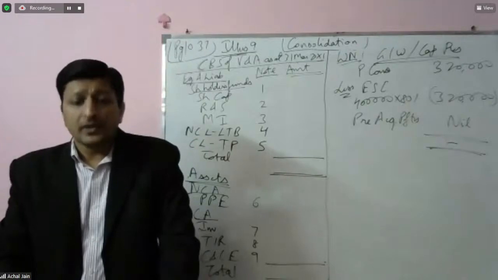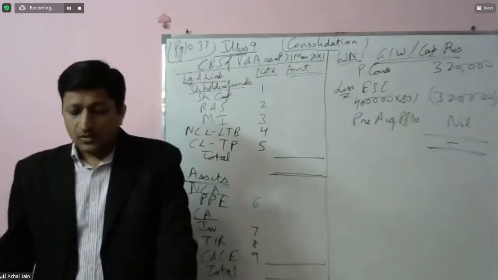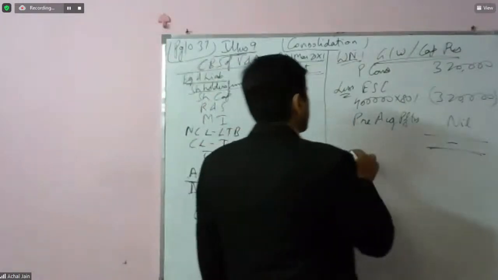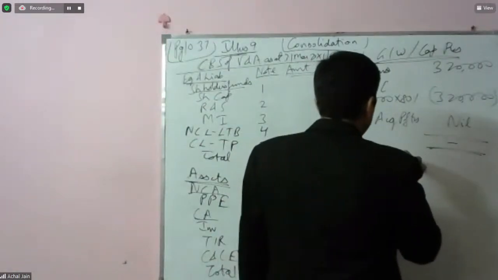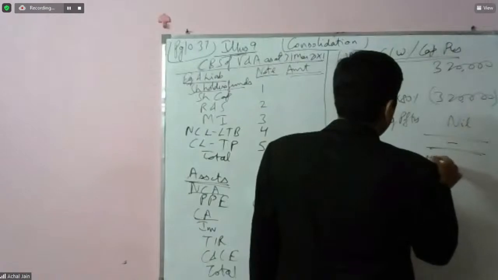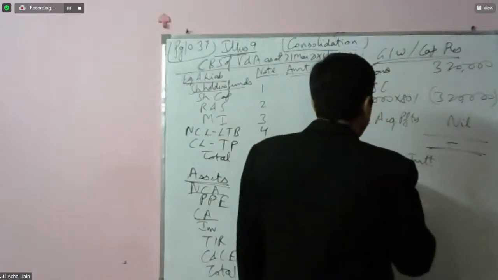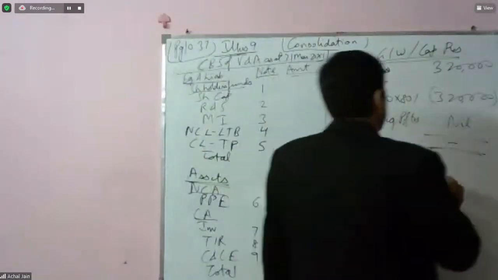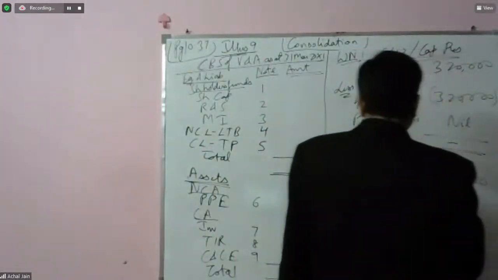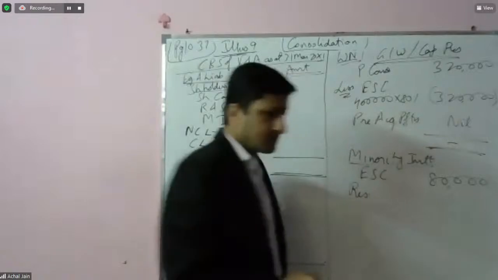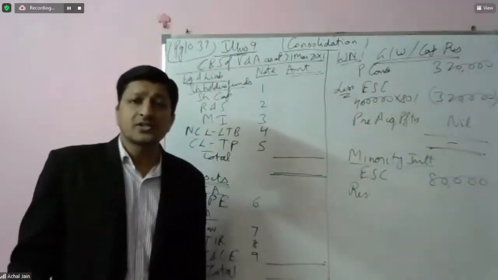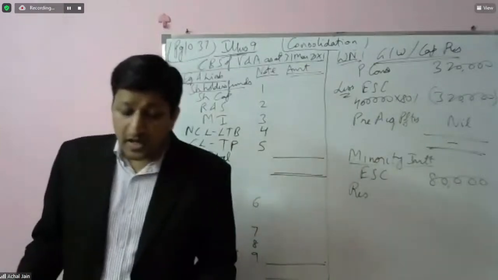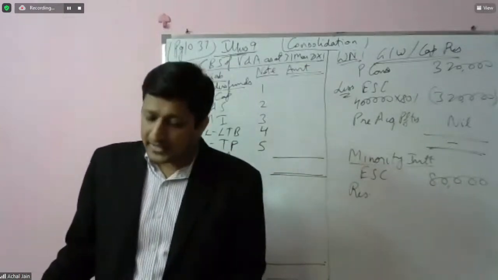Now, if you go to minority, what will be the amount of minority interest? Equity share capital will be 4 lakh into 20%, 80,000. And reserves. Will the minority get the share of reserves? The answer is yes. If the reserves are post-acquisition, those will come at the year end.